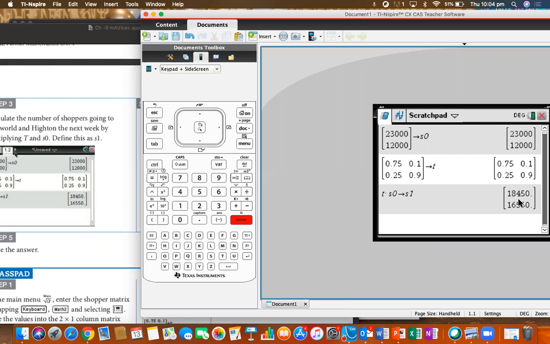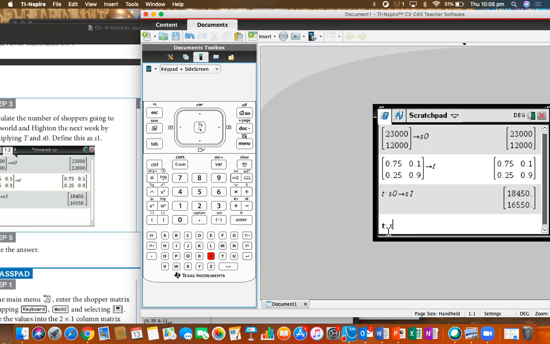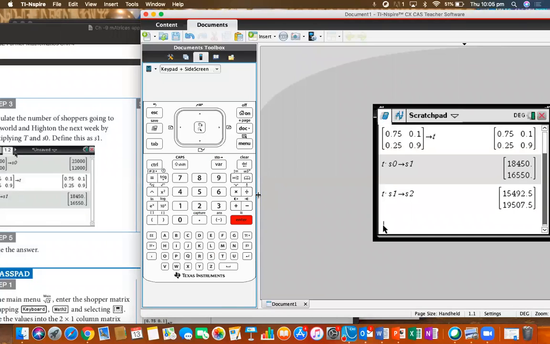So now you keep on doing that because that is for after week 1, and we need to find after week 4. So instead of writing those matrices again, you can just write T times S1 this time, and then store it as your S2 and enter.